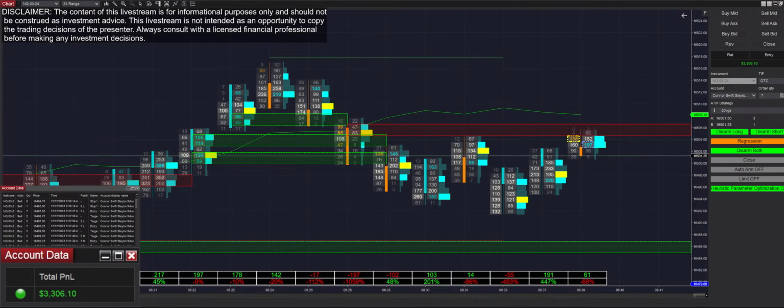Probably going to go for another 5 minutes and see if we can get another trade, and if not, we'll probably call it at 3,300.